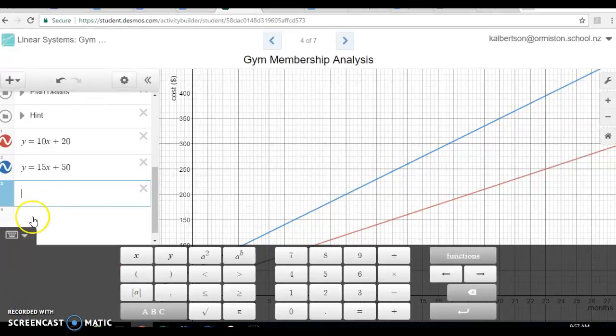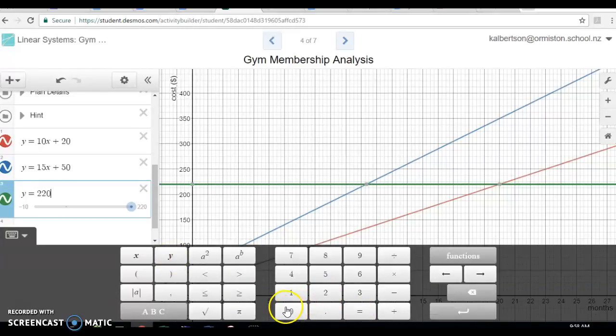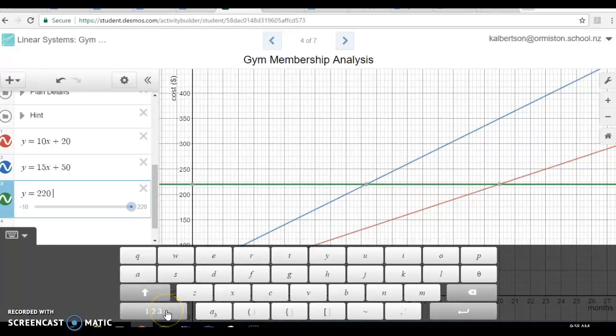My third one is a little bit more tricky because it's $220 per year. So I'm going to write y equals 220. But that's only for the first year. So what we need to do is say from 0 to 12 months is $220. So we go to this ABC tab, and this is how we do it.